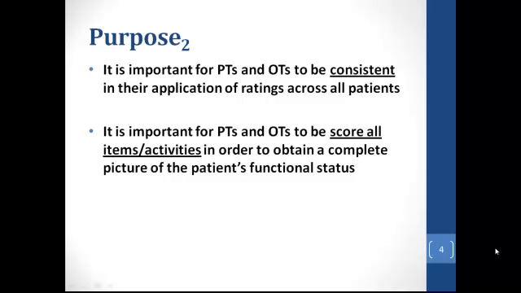When we score tasks and items as NT, or not tested, or NA, not applicable, we downplay the role we have on a patient's overall level of function. So while we have alpha scores for those times where it is just not appropriate to assign a numeric score, please keep in mind that these codes should be used minimally.